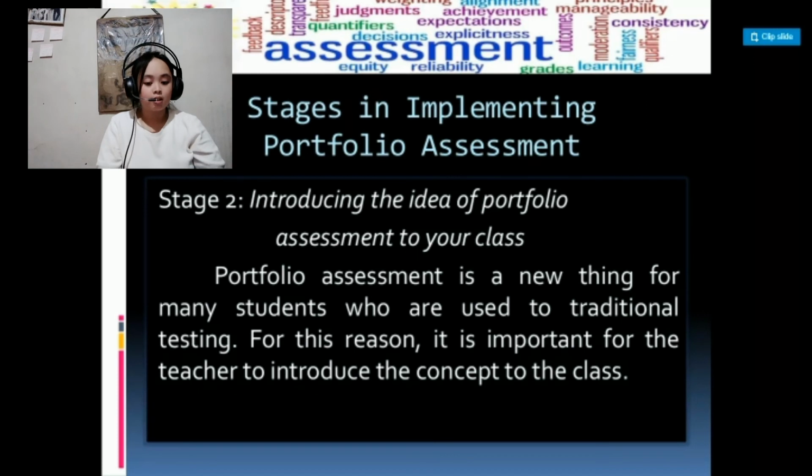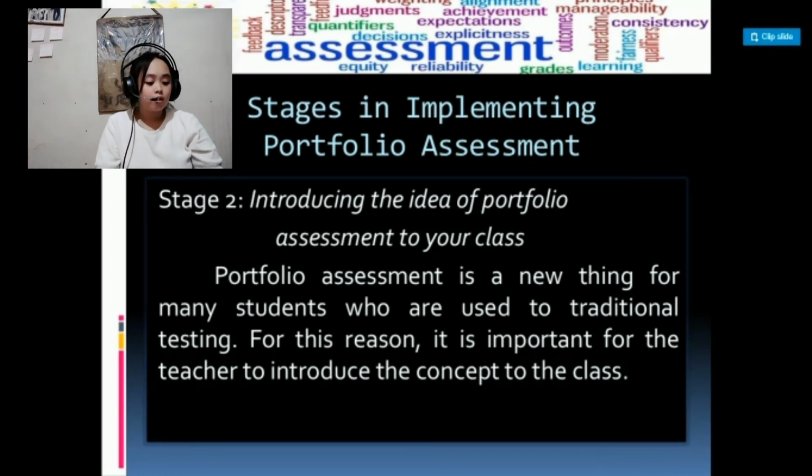So next, introducing the idea of portfolio assessment to your class. Though some of the students already have ideas about portfolio, the teacher may still explain to them by stating what the word portfolio means.